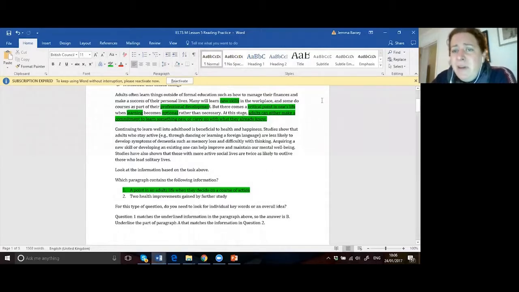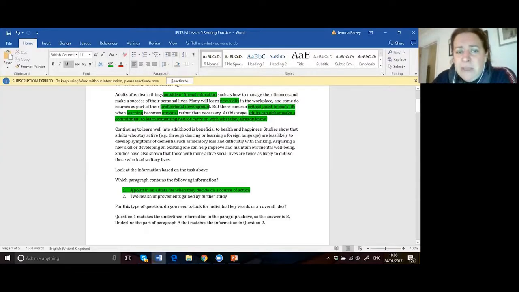If I've noted these and made a note on the side of what the paragraph's about, I don't have to read the whole paragraph again to see what the key points are. So we could summarize the paragraph with something like: adults outside of formal education learn new skills, professional development is a crucial point, learning is optional, and they can make a commitment. So that's what that paragraph's about. We can do that to summarize the information.